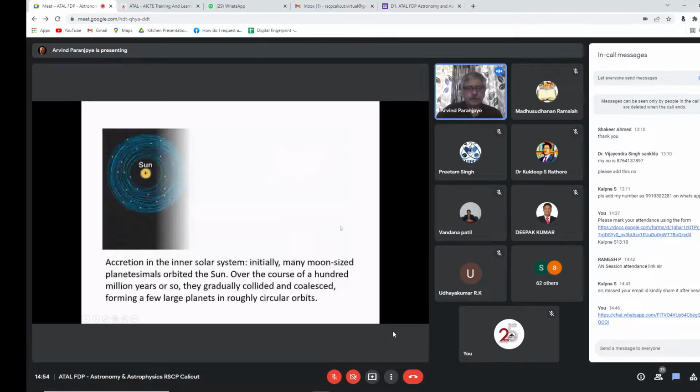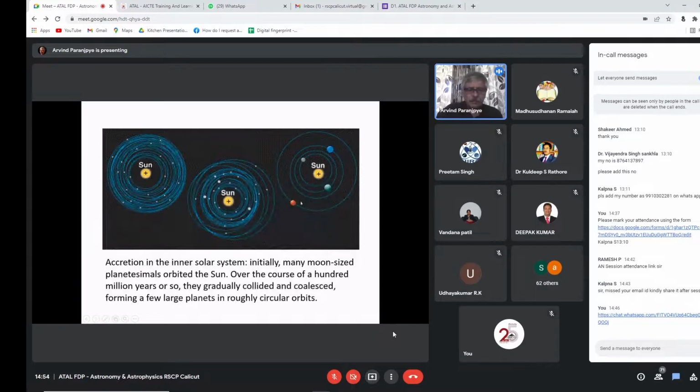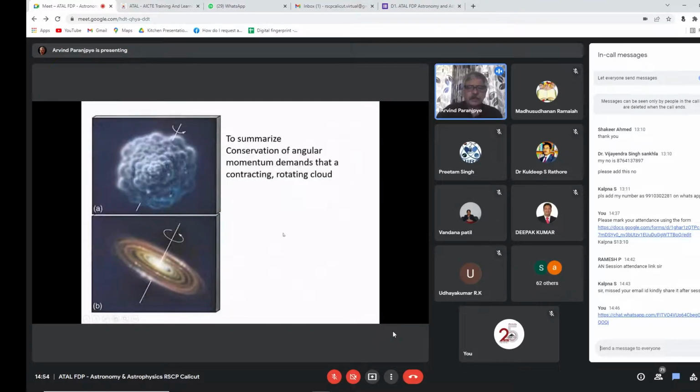planets. Okay, looking at the same thing from the top, what you see is that there is a sun in the middle. There's a lot of material rotating around. Okay, then it started coalescing and condensing, and finally you have a sun in the center, and then these planets which are rotating around it. Okay, so now let us summarize.